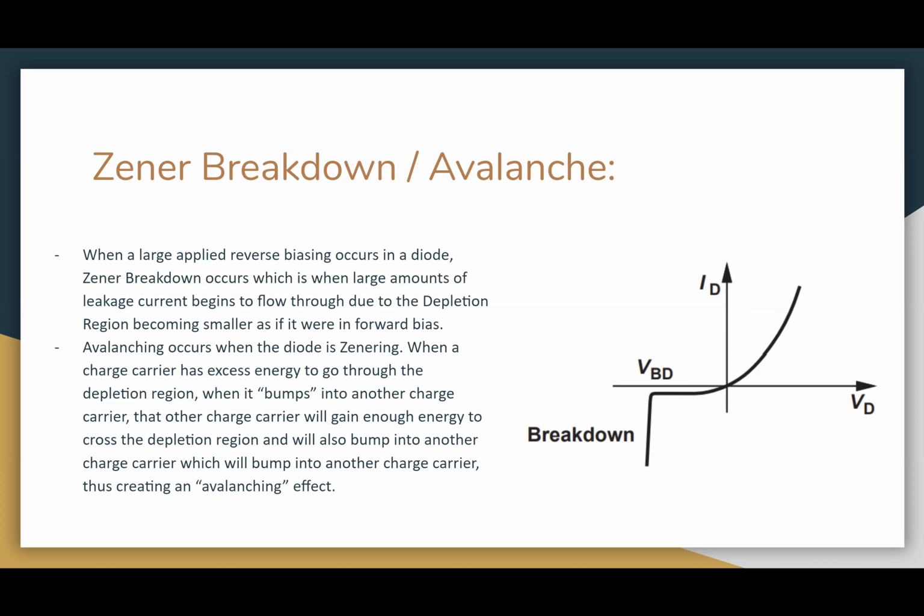That other charge carrier didn't have enough energy, but now it does, since the one with enough bumped into it. So this will cause an avalanche effect where the ones that have excess energy bump into those without, and they begin giving off enough excess energy that they become able to diffuse down the depletion region, causing current to flow through.